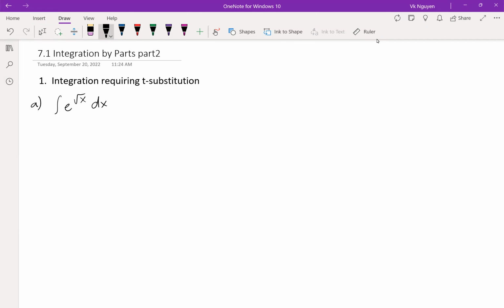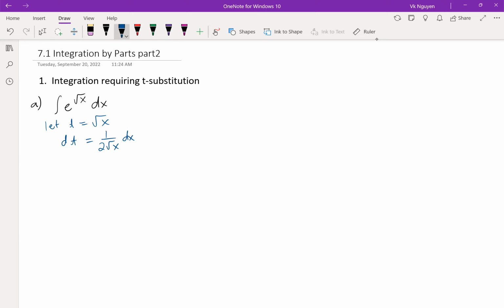So to do this integration, the trick is to let t equal root x. dt is 1/2 root x dx.